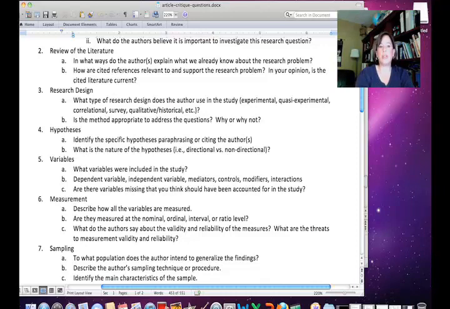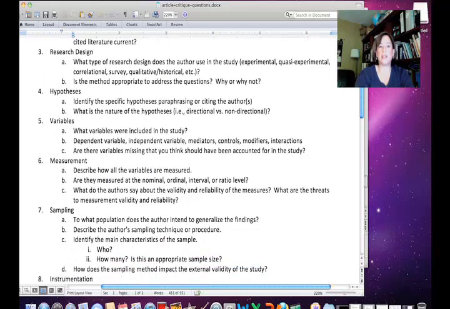When it comes to research design, what type of design is the author using? Is it qualitative? Is it quantitative? Are they running an experiment? I mean, all of that is going to tell you in the future, how should the variables be measured? What kind of data analysis should the author be allowed to do, depending on the research problem and the design?